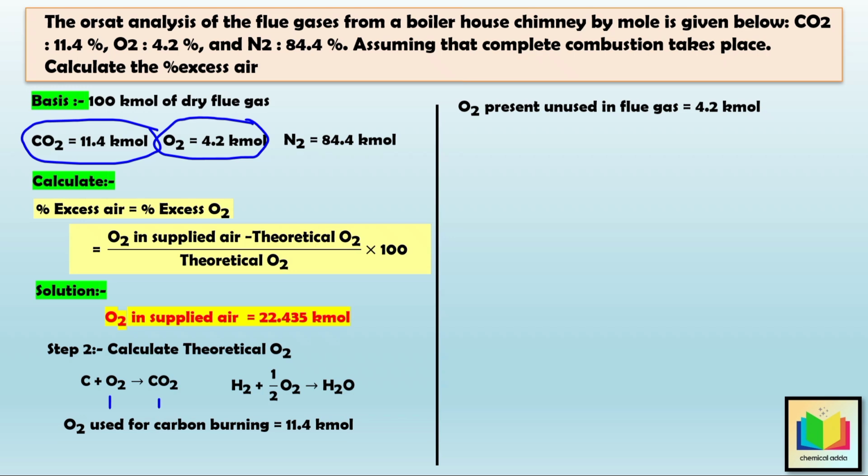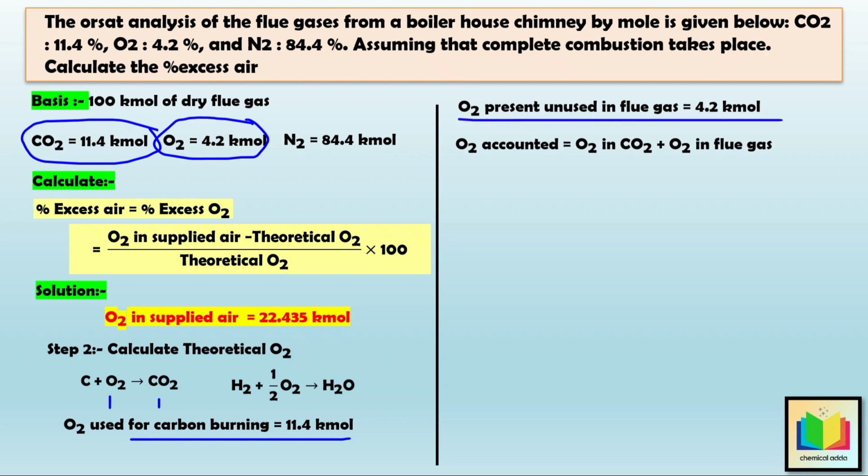So the formula for O2 accounted is equal to O2 in CO2 plus O2 in flue gas. So as we know, O2 in CO2 is equal to 11.4 kilomole and O2 in flue gas is equal to 4.2 kilomole. Hence we can calculate O2 accounted. After solving this, we get O2 accounted is equal to 15.6 kilomole. Now, let's calculate O2 unaccounted.